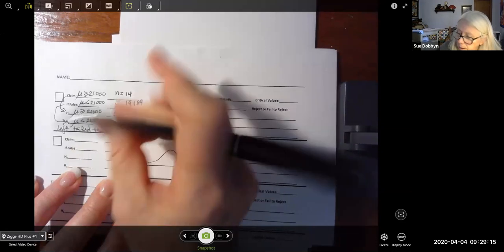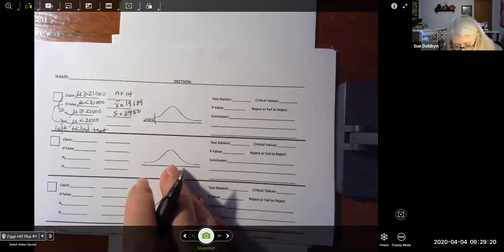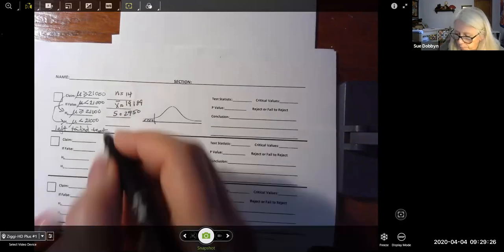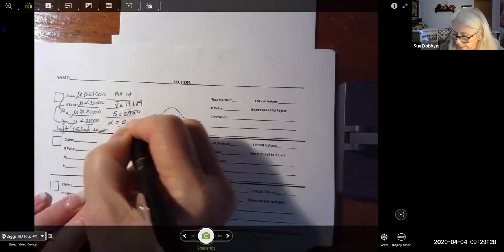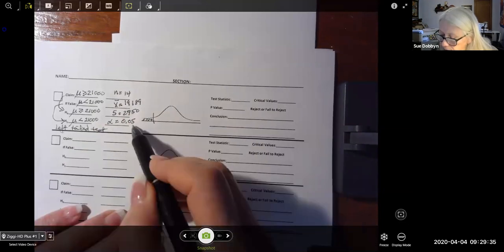And it asks, is there enough evidence to reject the dealer's claim at a significance level alpha equals 0.05? Okay, now I want to remind you from last time that the significance level is the size of this rejection region.